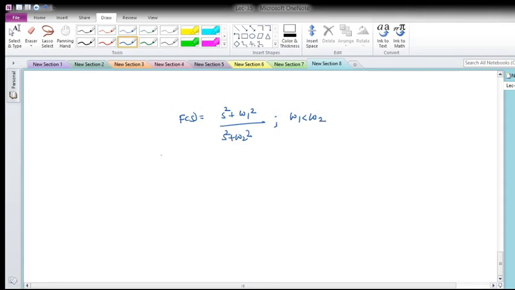Let me write its F of j omega. F of j omega will be minus omega square plus omega 1 square divided by minus omega square plus omega 2 square. First let me evaluate for zeros and then for poles.